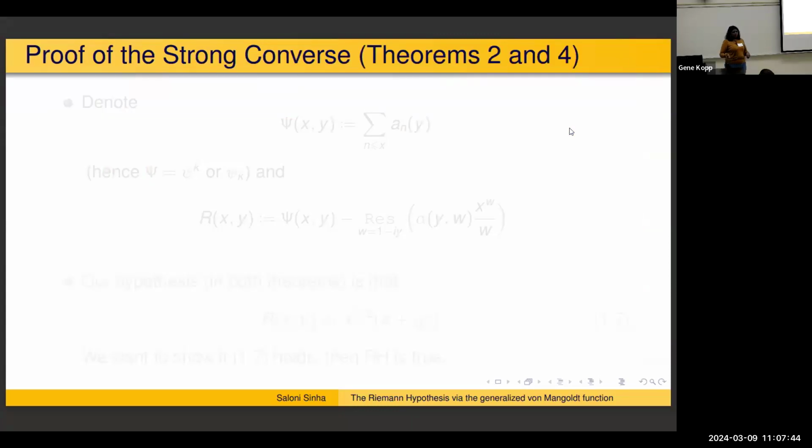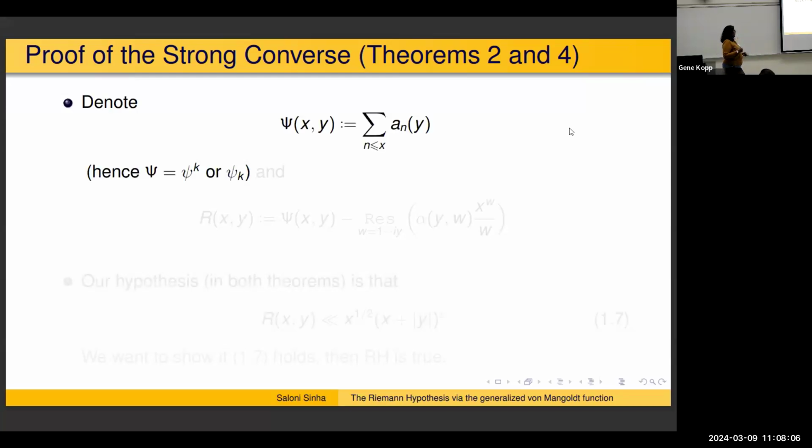Okay, and the proof of the strong converse is basically based on a method developed by Pintz to study oscillations of Mobius functions and things like that. This is the method that Gonek, Graham, and Lee also use. So it's based off of that.